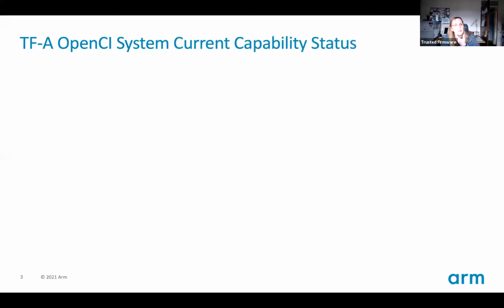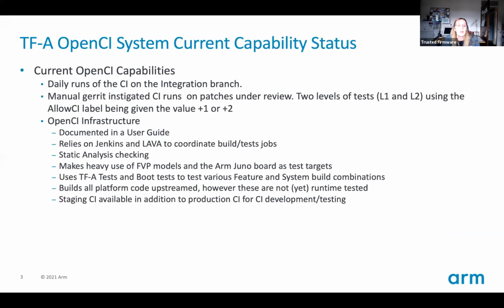So what is the current capability status? Previously, I had a similar slide: we have a daily run that runs on the integration branch. If people aren't familiar, we have two branches in TFA, an integration branch and a master branch. The master is the one that people should use for downloading the project and making use of it.